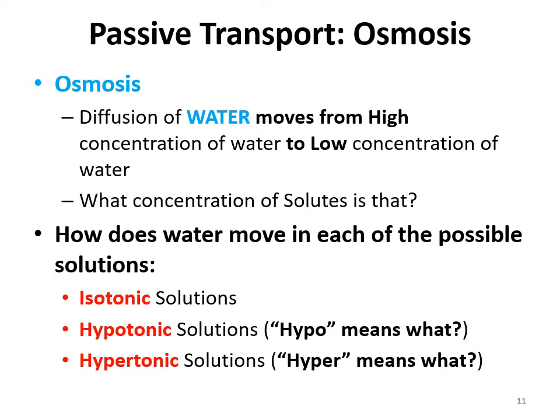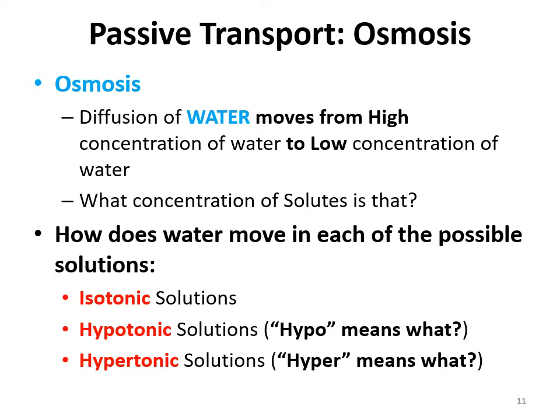So that's high solutes, right? So when water is moving from a high water concentration to a low water concentration, keep in mind that the solute concentrations are the opposite, okay? So if it's high water, it's low solute.